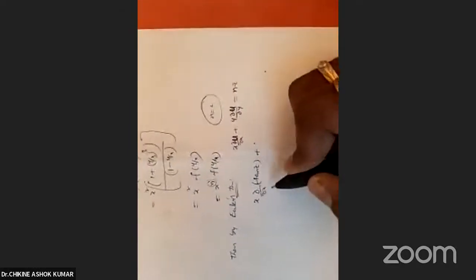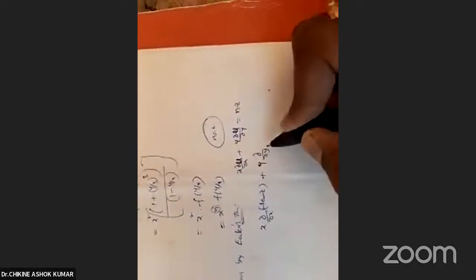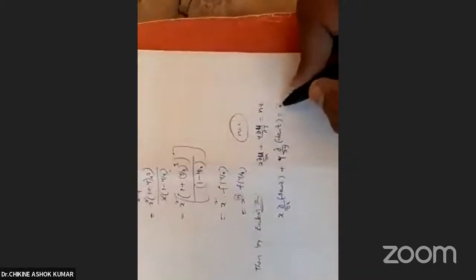So x dou by dou x of u means tan z, plus y into dou by dou y of u means tan z, equal to n into u, where n equal to 2, so 2 tan z.